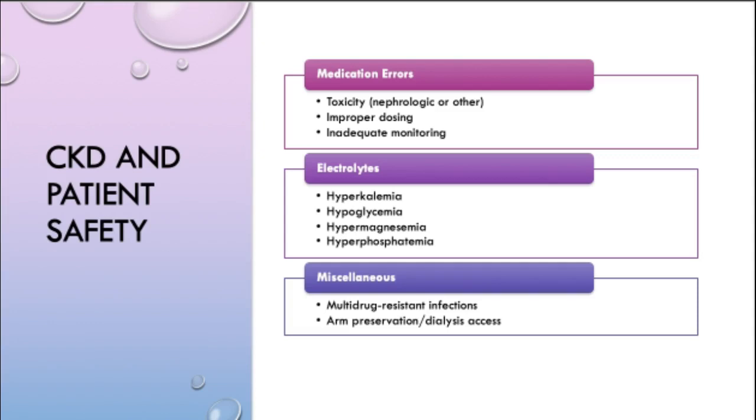We also need to do more frequent lab work because they are more prone to hyperkalemia, hypoglycemia, and then like what we were talking about earlier with the phosphorus, the magnesium, the calcium, all of those. So all of those electrolytes need to be monitored closely. These people are also more prone to multi-drug resistant infections, especially if they have any sort of fistula or line placement.